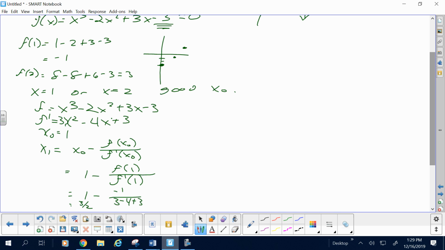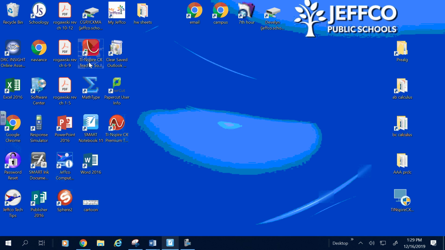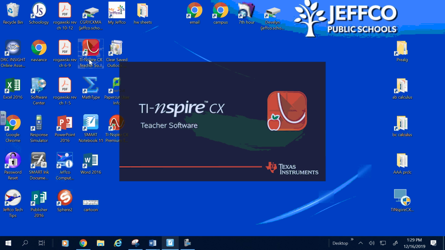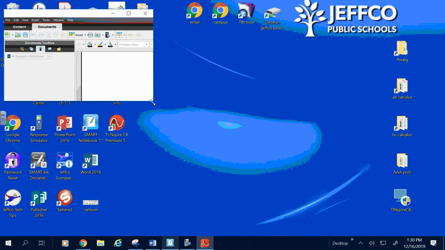How would you put it into your calculator to get the 4 more 3? The quickest way is to first put f into f1 and f prime into f2, and there's some storing and storing over kind of process.